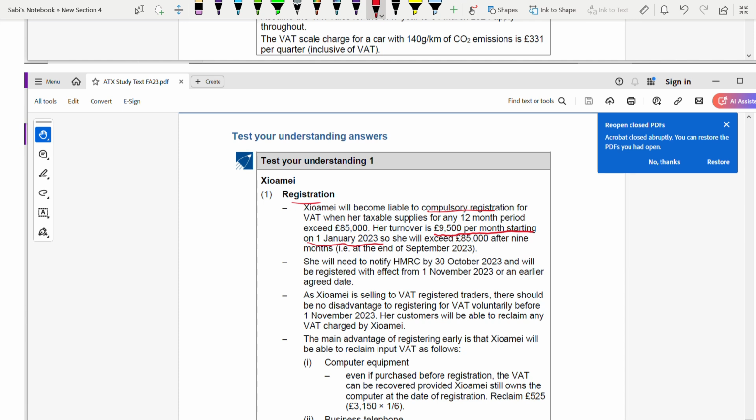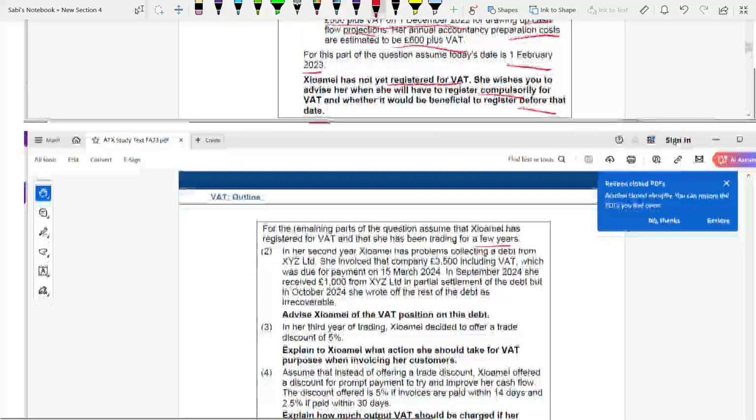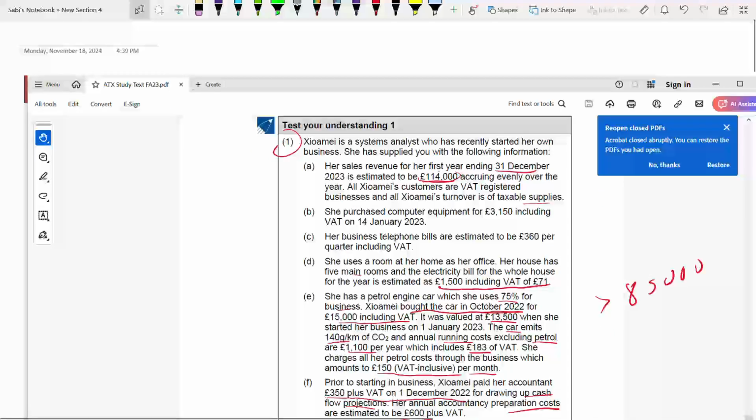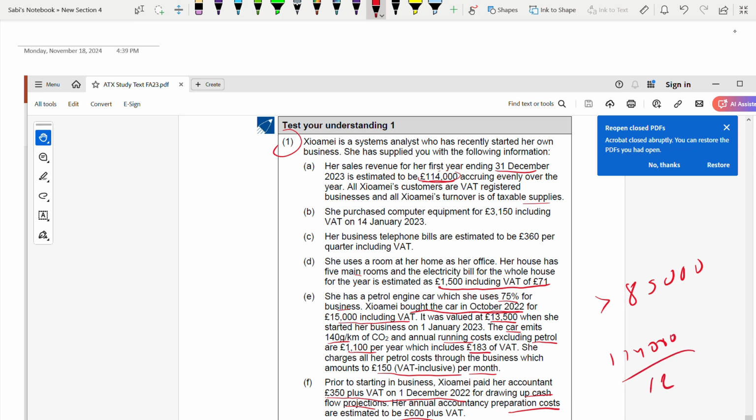So if you take that 9,500, when is it likely to exceed 85,000? After 9 months. That means at the end of September 2023 it will exceed. So this 114,000, divide by 12, take it monthly.